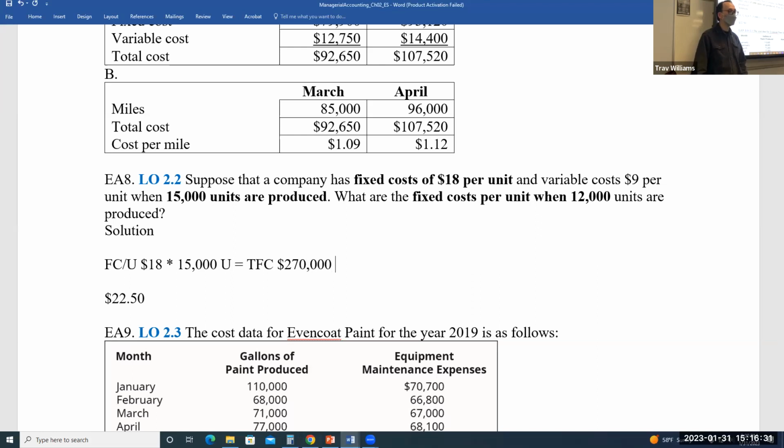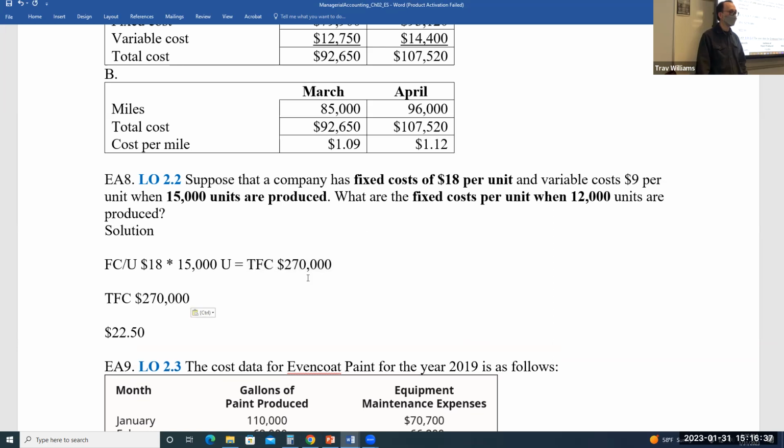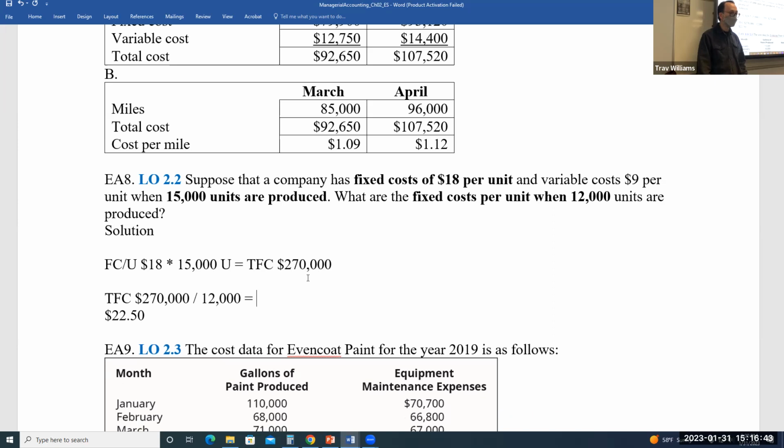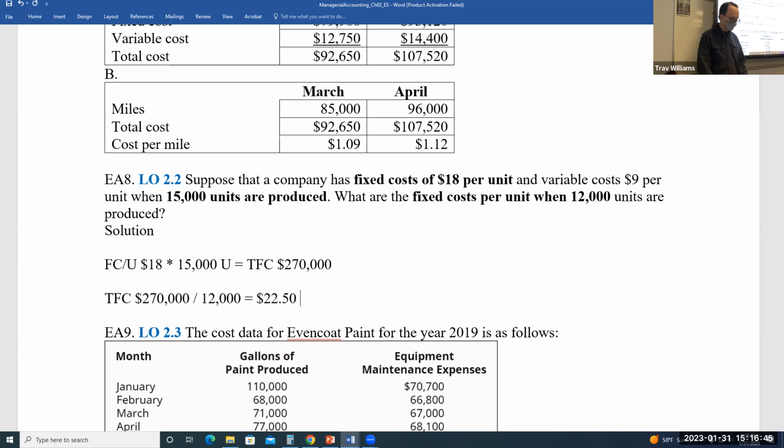Then we took that $270,000 and divided that by 12,000 units to get our 2250 fixed cost per unit.